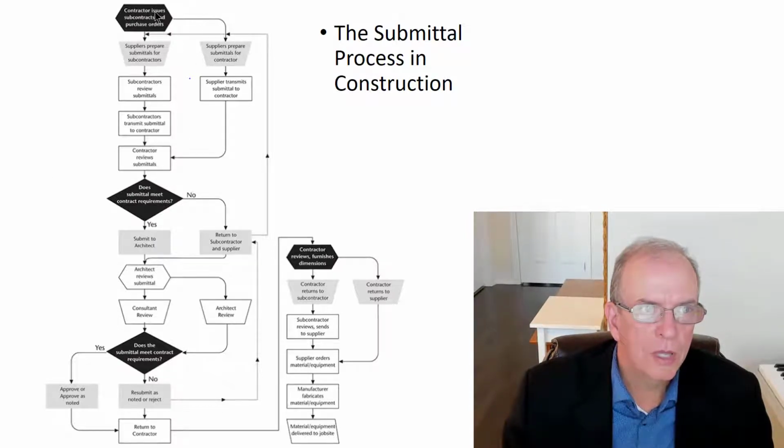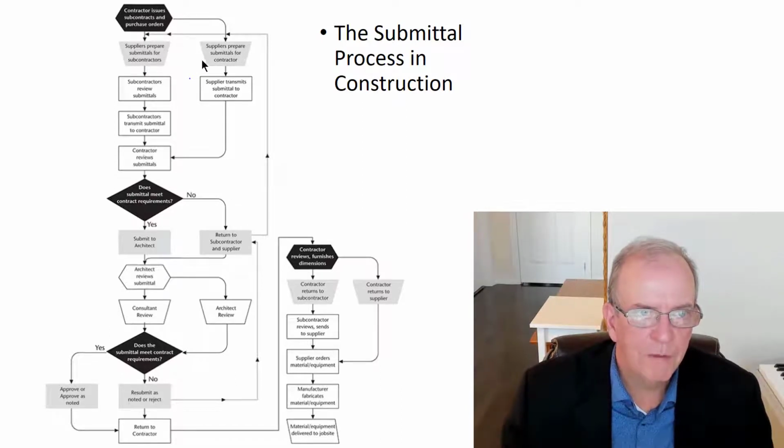Suppliers also, it may not just be for subcontractors, it may be for the contractor directly. Supplier transmits submittal to contractor. All right, so the contractor reviews it, and they're asking the question, does it meet the contract requirements? If it does, go ahead, submit it to the consultant. If it doesn't, get it fixed, right? It goes back and the process starts again.